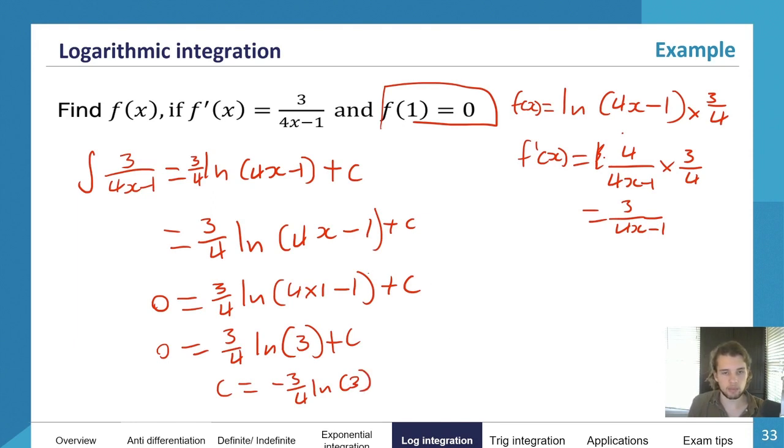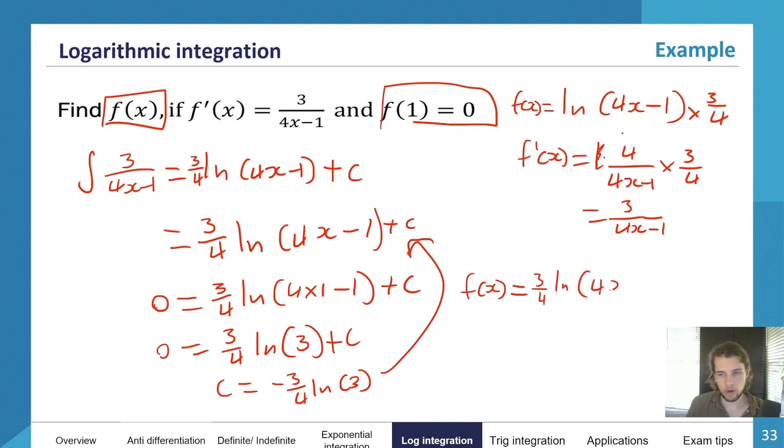That means we can substitute that into our function, and then we have our final function. In this scenario, it's probably better to write f(x), because that's what it's asking for. It wants you to find f(x). f(x) is equal to 3 over 4 ln(4x minus 1) minus 3 over 4 ln 3.